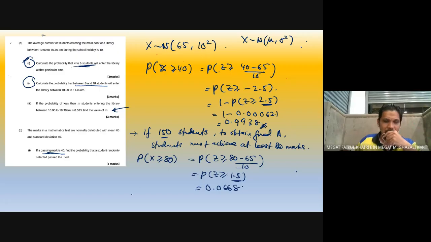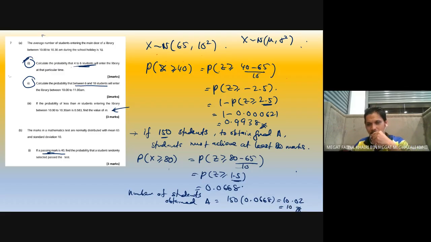So the number of students who obtain A is 150 times 0.0668, which is equal to 10.02, or rounded, equal to 10.